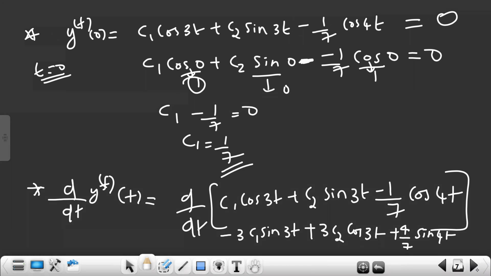I told you it was wrong because I made a mistake. It was C1 cos 3t plus C2 sin 3t. Instead of that, I took something else. Later only you told me. Okay. Don't confuse. Just go back to your natural response and check. C1 cos 3t plus C2 sin 3t it was. Instead of putting sin 3t, I put cos 4t. That's why.